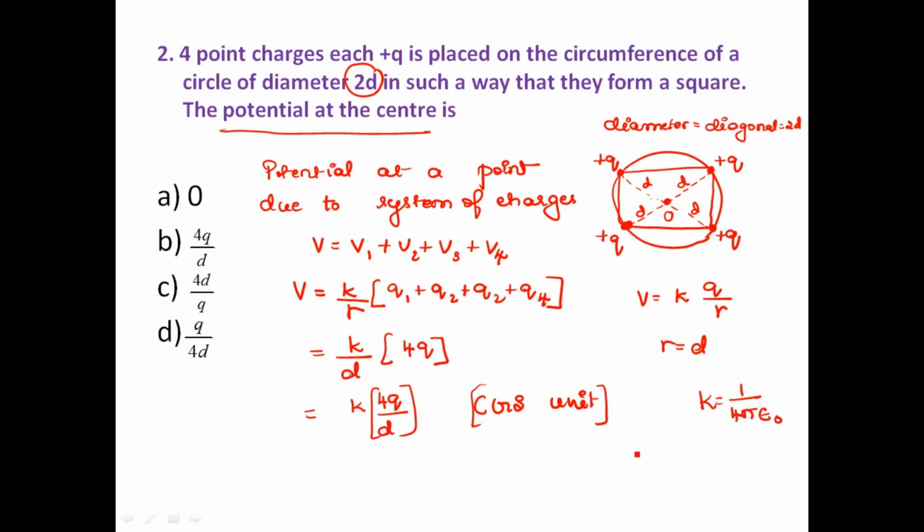For CGS system, this value 1 by 4 pi epsilon naught is equal to 1. That means we have to just find 4Q by D. Hence the correct option is option B.